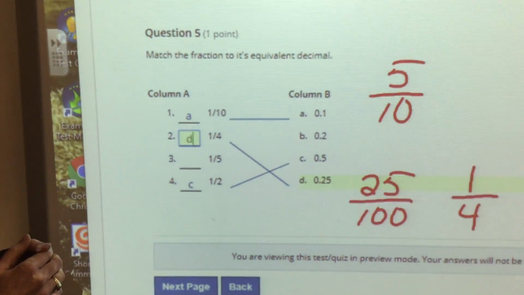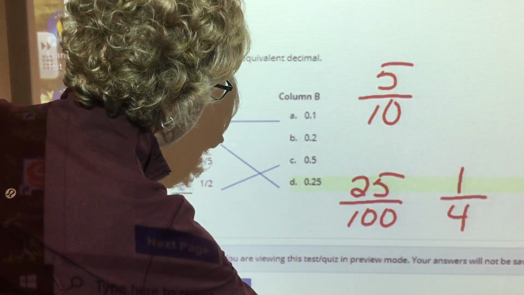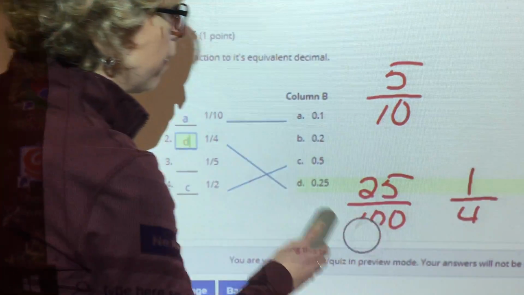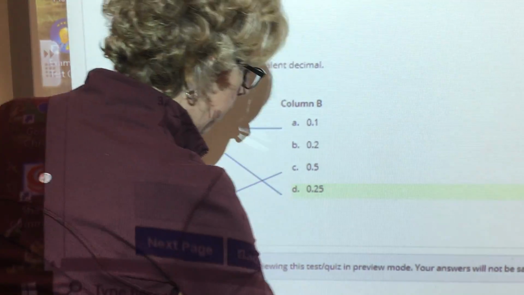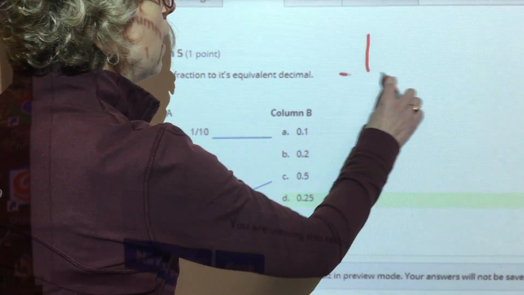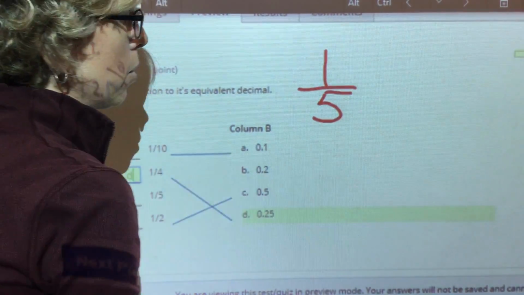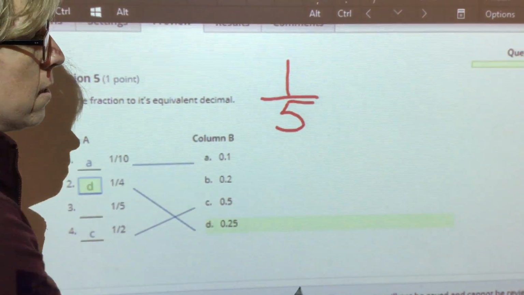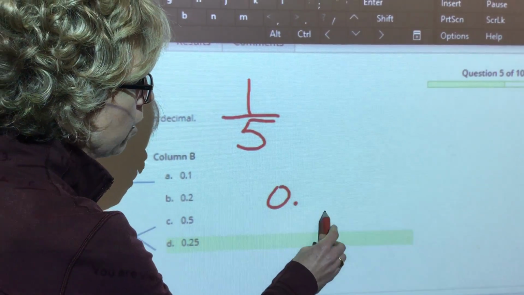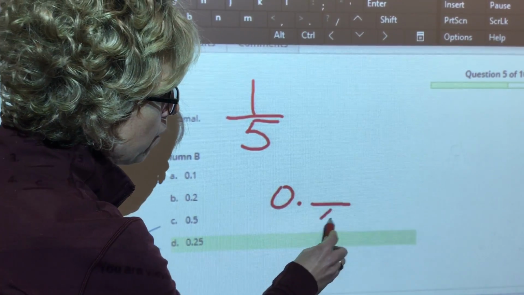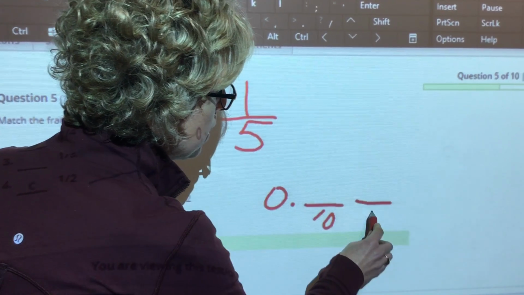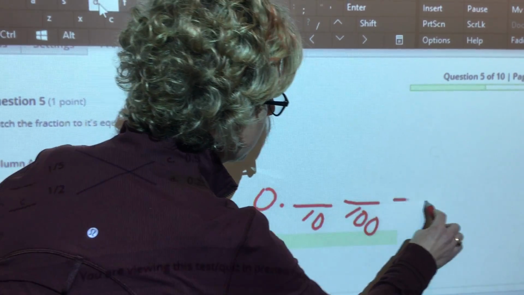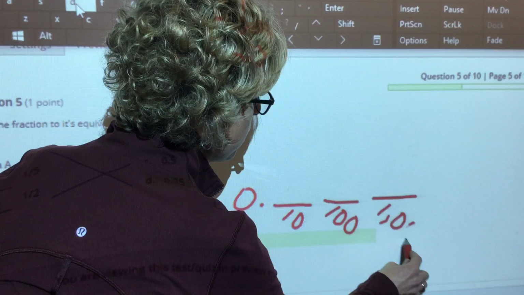There we go. And then I'm going to spend a little bit of time on 1/5. If I were looking at 1/5 as a fraction, we know that when we're trying to convert fractions to decimals, according to place value, the first one is going to be something over 10, the next one is going to be something over 100, and the next one is going to be something over 1,000.